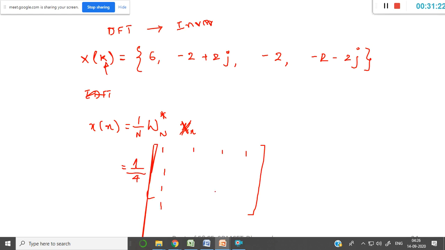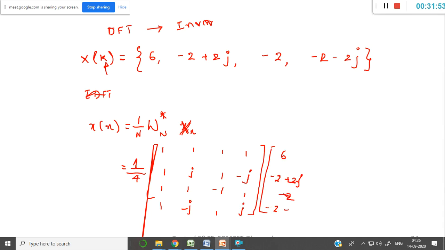Again, as I told you, my simple technique: it is minus 1, 1, 1, 1, and here it was minus j, so here it should be plus j, and here minus j, and this will become minus j and this plus j. The input sequence is X of k values: 6, minus 2 plus 2j, minus 2, and minus 2 minus 2j.